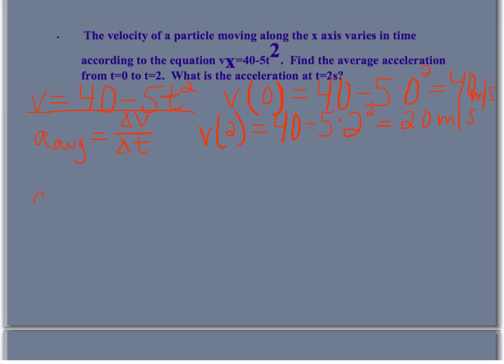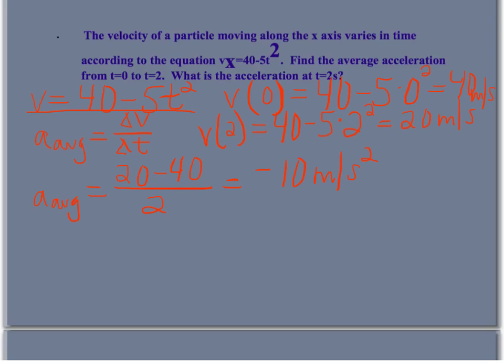So if we wanted to find this average acceleration by looking at the change in velocity over the change in time, our change in velocity is going to be our final velocity minus the initial velocity all over the time frame of 2 seconds. Plugging that in, we can see that our average acceleration for this particular particle is going to be negative 10 meters per second squared.